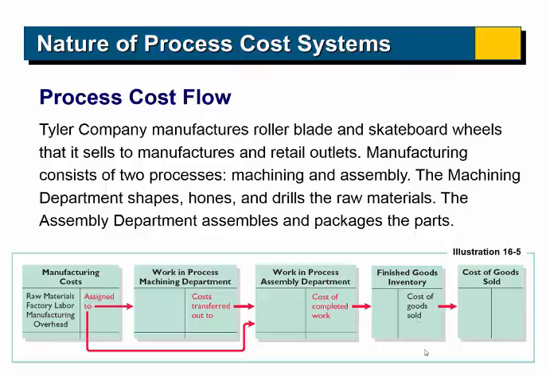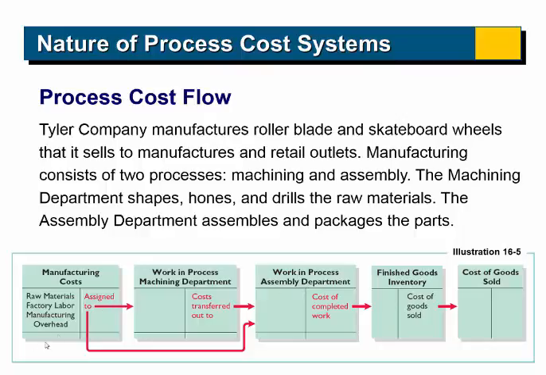So we can see that when we track the raw materials, they are going to have so much raw materials that goes into the machining department and so much raw materials that goes into the assembly department. And then we have factory labor that will be distinct to the machining department, and so much of the factory labor cost will be distinct to the assembly department.